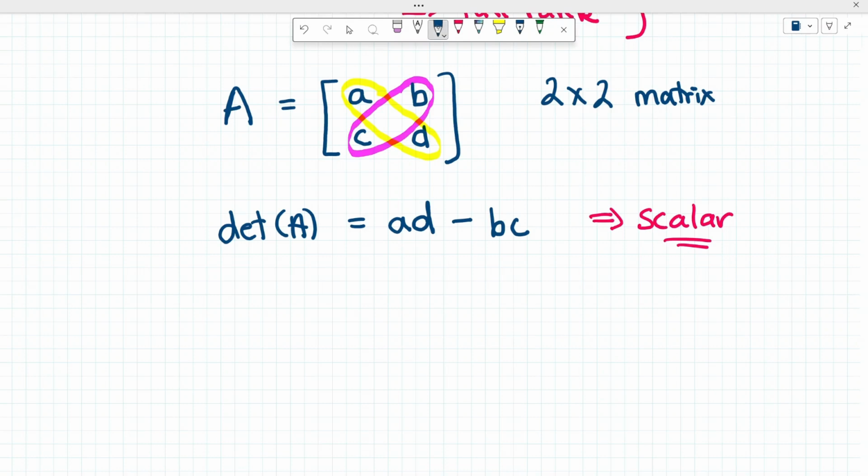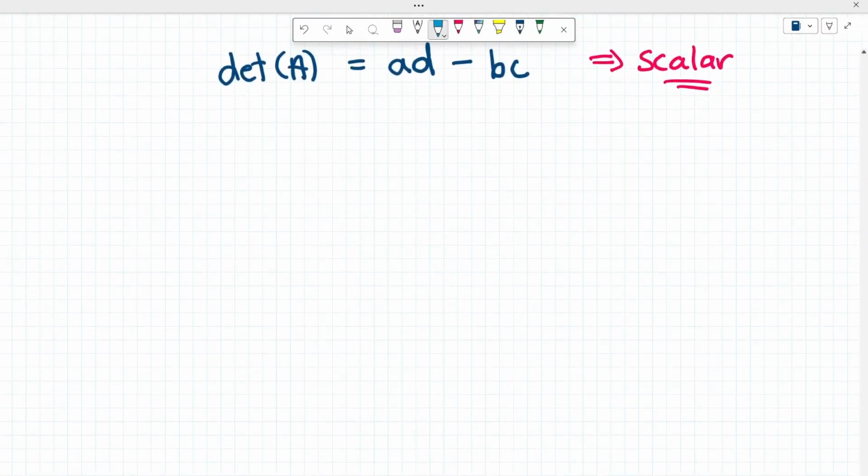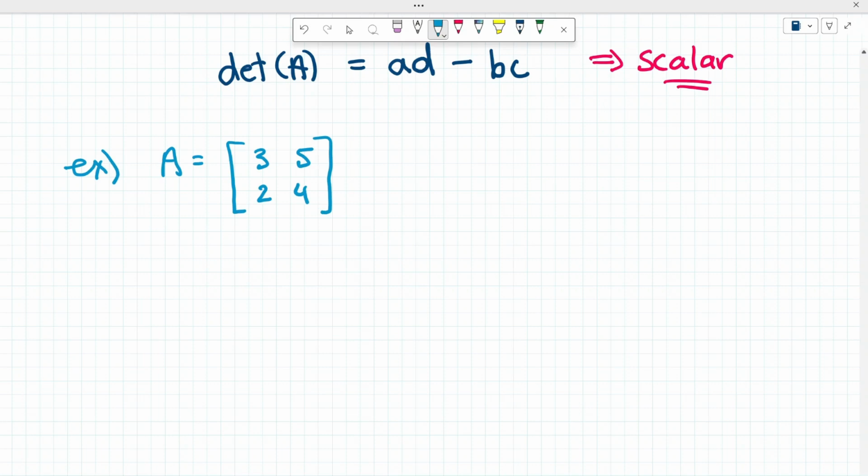Let's go ahead and dive into one example so that you can see this in action. Let's consider some matrix A, which has the entries 3, 5, 2, and 4. Now we want to calculate the determinant. We set this up as the determinant of A equals AD minus BC.